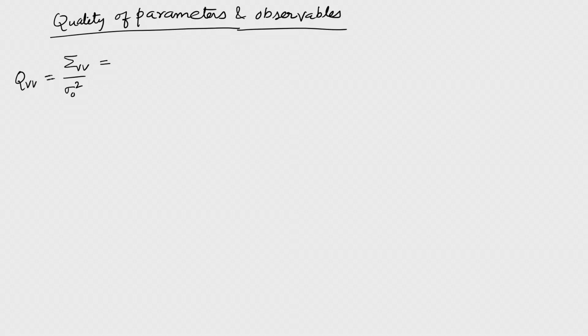Okay. Now let us take the quality of parameters in the condition equation method and observables. So how to give the quality here? First of all, QVV, which is given like this: P inverse weight matrix BT, M inverse B P inverse.